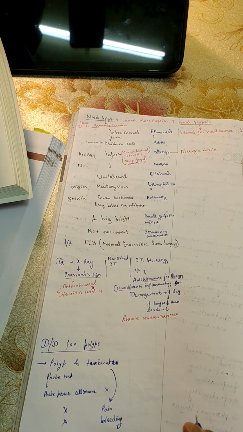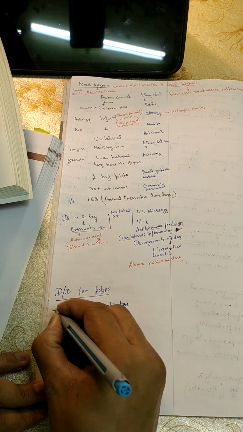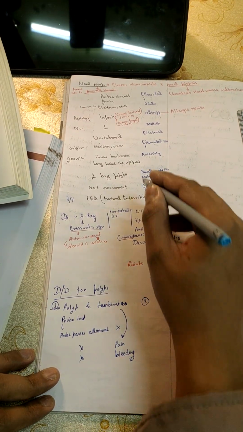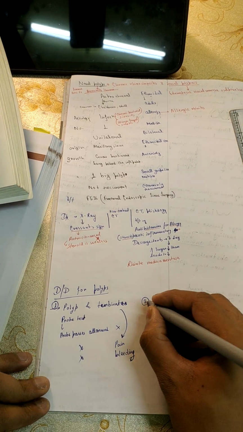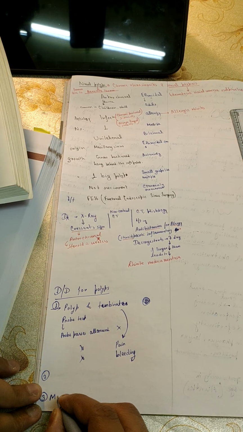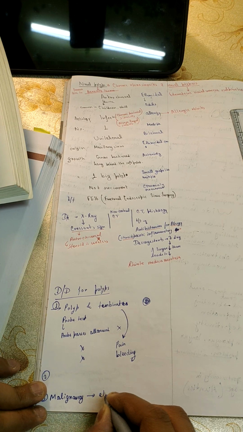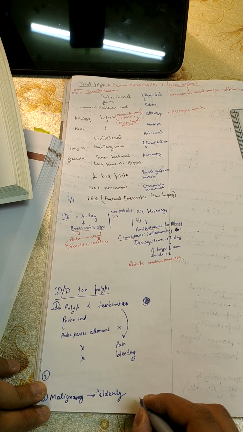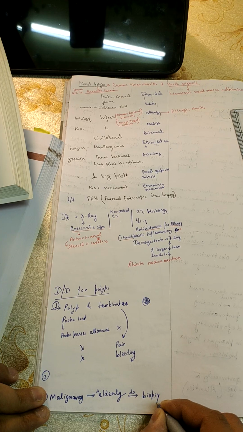Second one is meningocele and meningoencephalocele. Third one is malignancy in elderly, so do biopsy to rule that out.